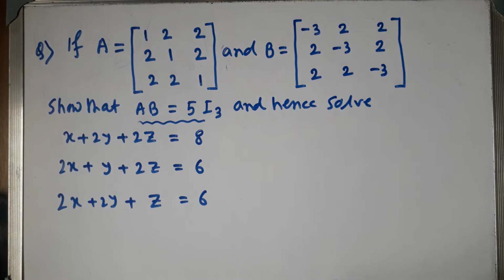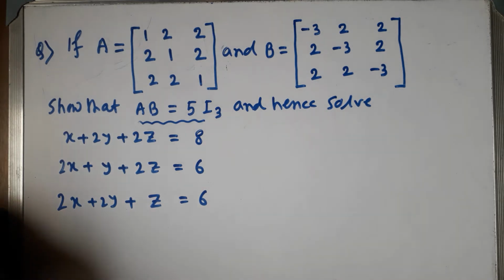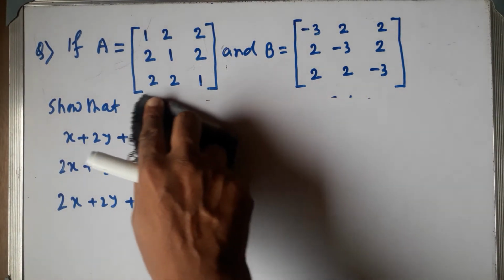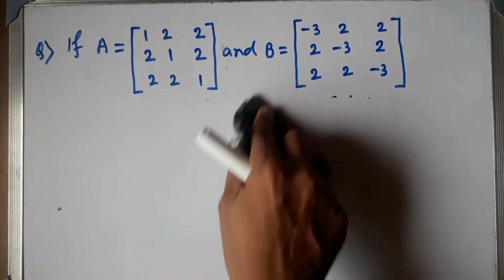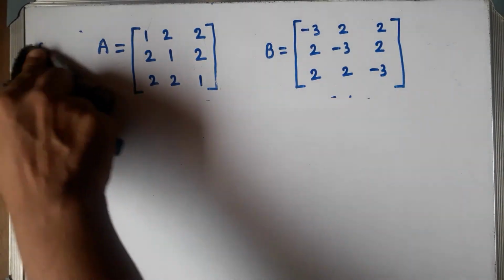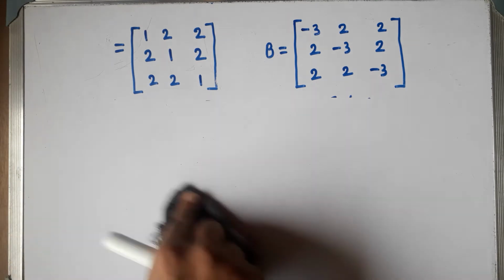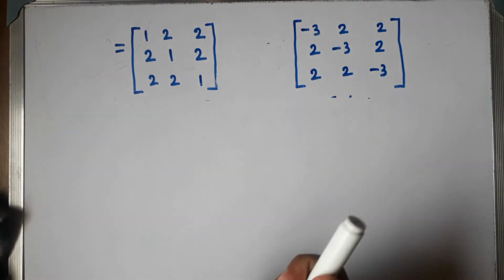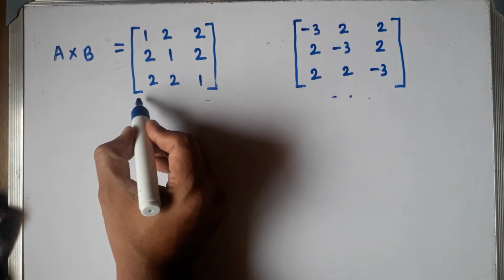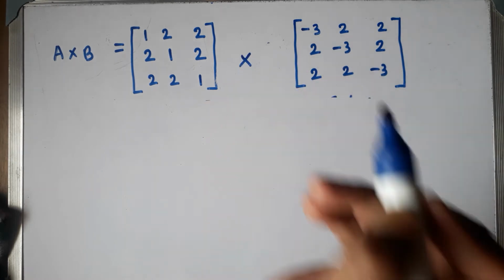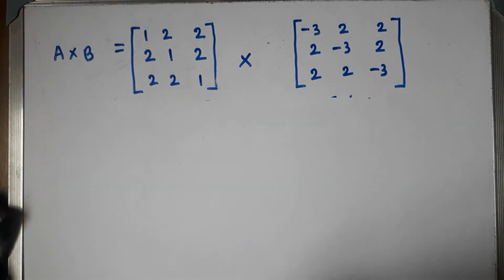We shall use matrix multiplication. Calculate A into B. The A matrix is this, the B matrix is this.